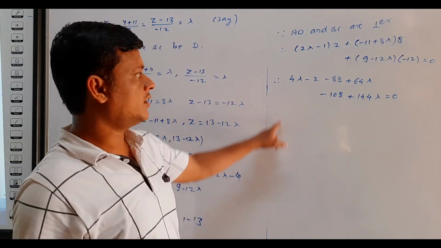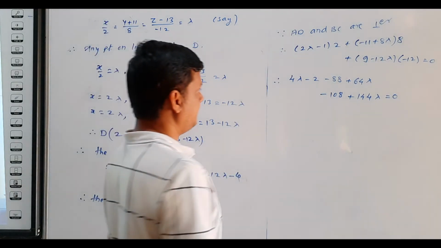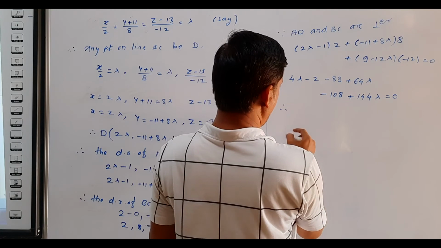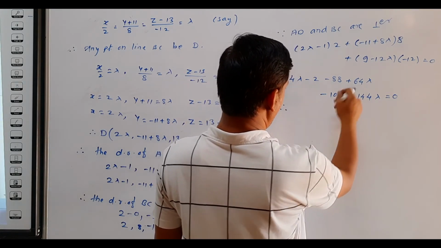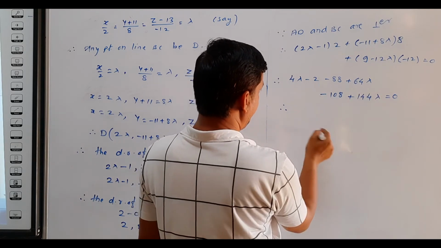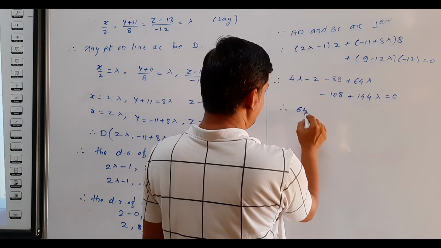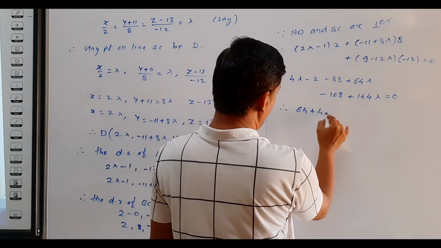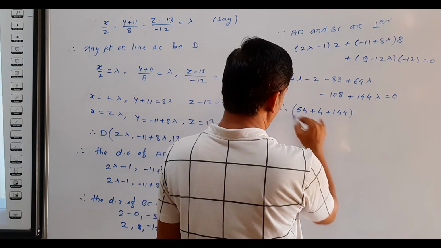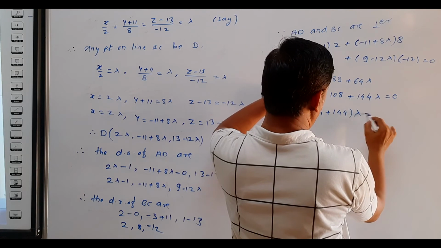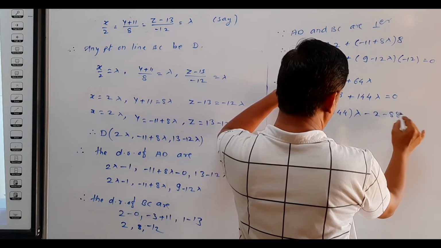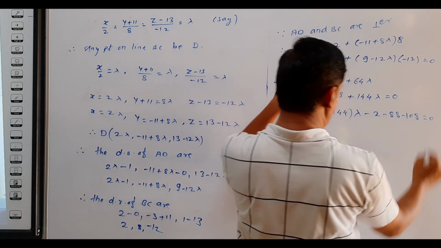So from this, first we find the value of lambda. We collect the values of lambda: 64 plus 4 plus 144 into lambda, then minus 2 minus 88 minus 108 is equal to 0.